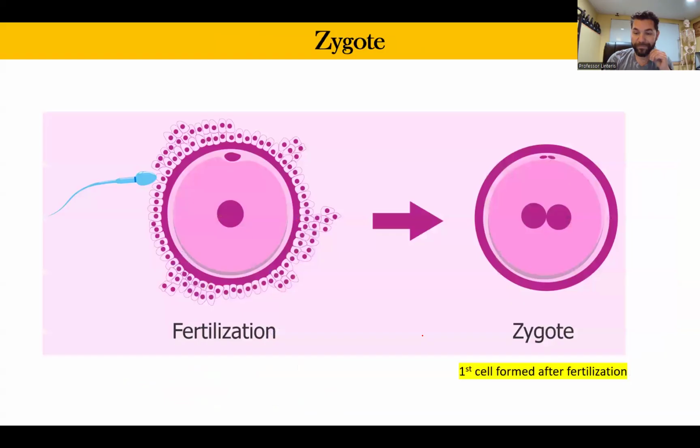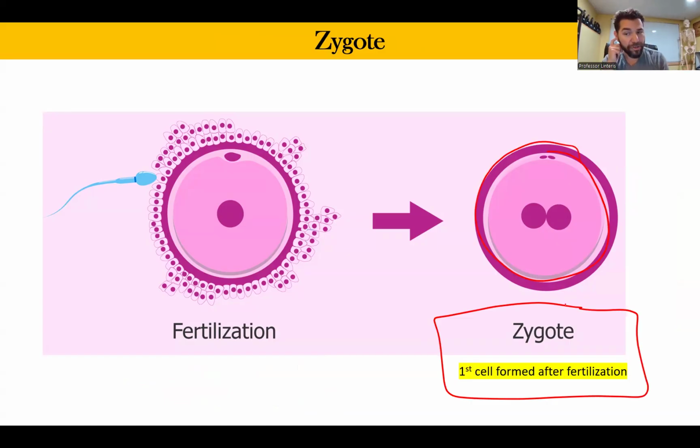Throughout the lecture, right? We have this zygote. That is the first cell that I showed you on the previous slide after formation, after the syngamy, that pronuclei, post-fertilization. First cell.